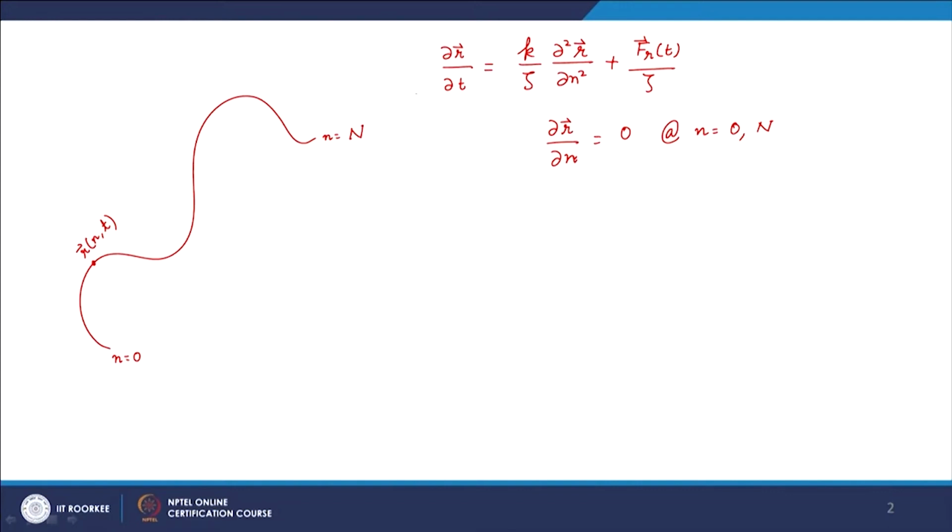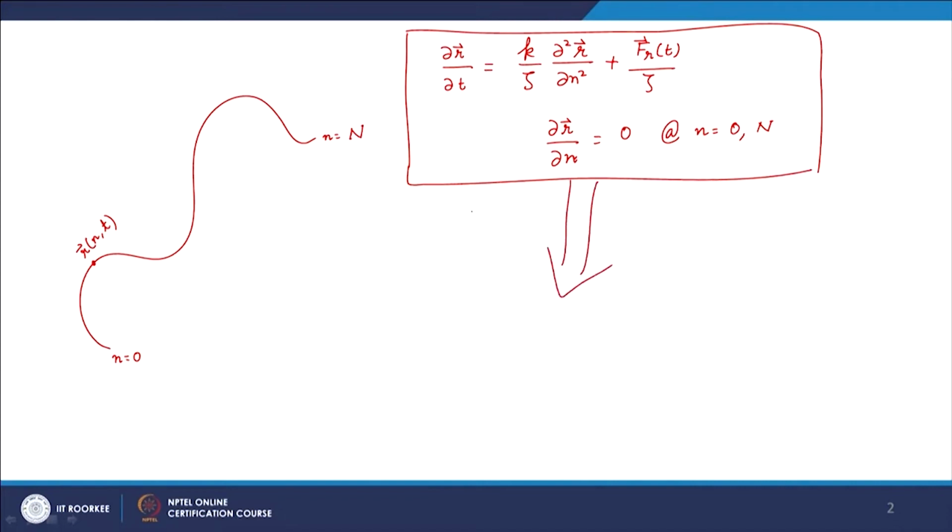And what we did is what I refer to as a linear transformation using what I call the Rouse modes defined by this particular equation.